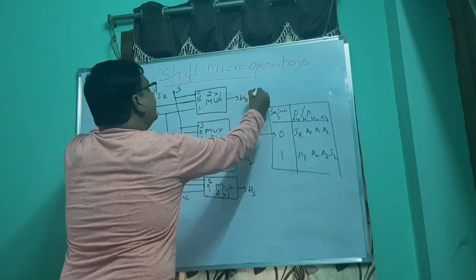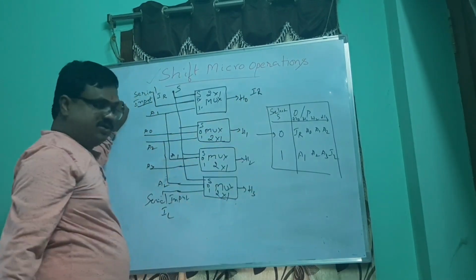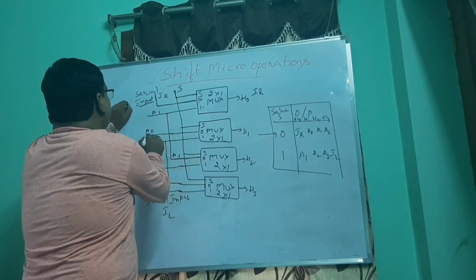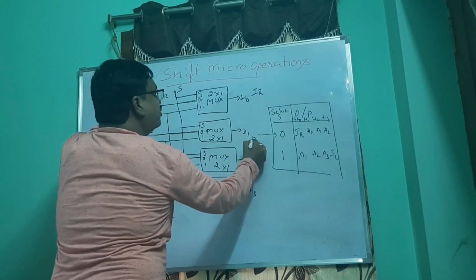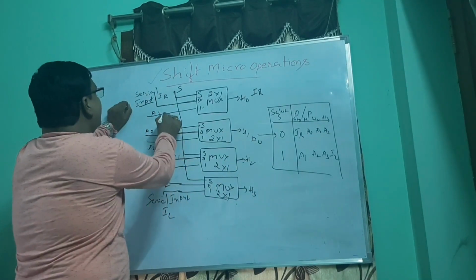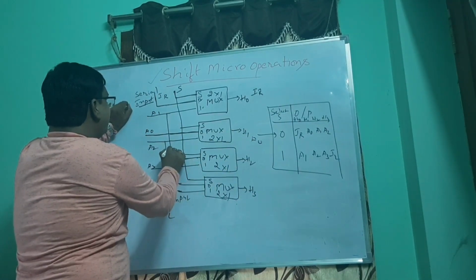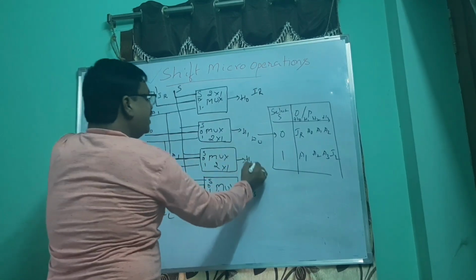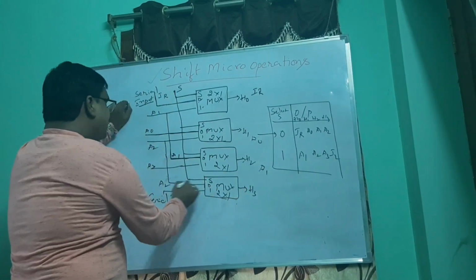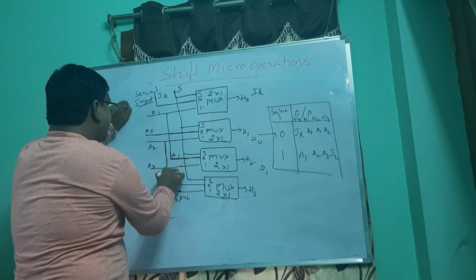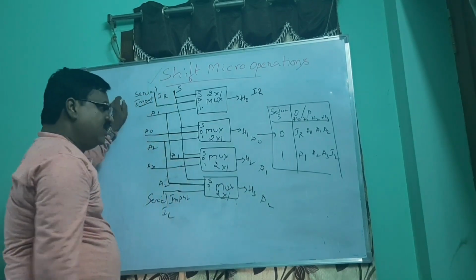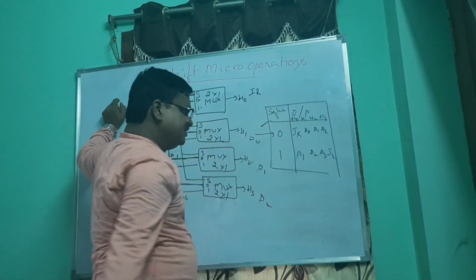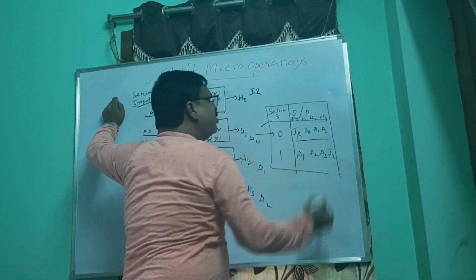IR will come out, and here A0 will come out, and here for 0 what we have given is A1 will come out, and in this, A2 will come out. So if the select line value S is 0, this will be the output.